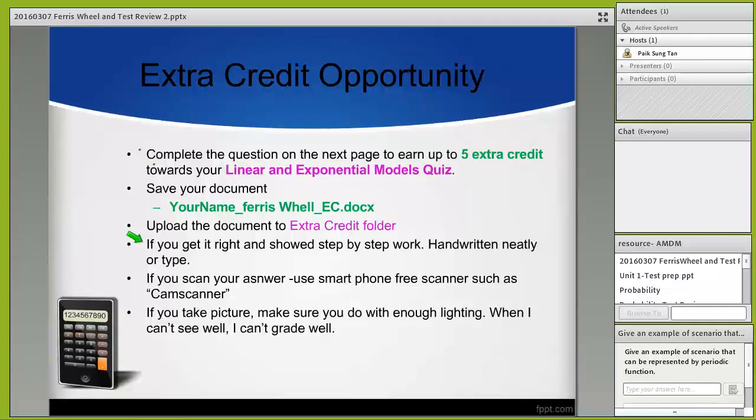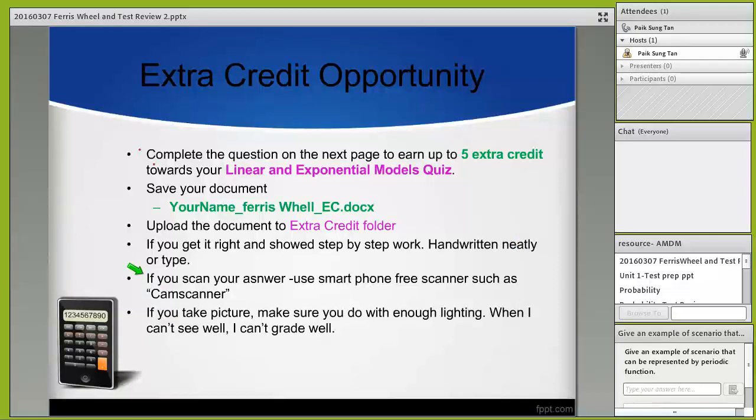Extra work for me, just even to open your Dropbox document. But I would like to see your work shown, or written by hand neatly. If you do write by hand, please scan your answer. Use smartphone free scanners such as CamScanner.